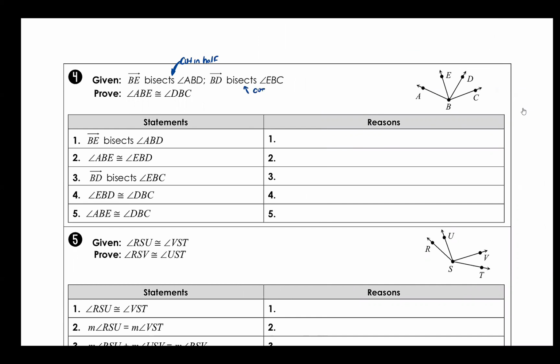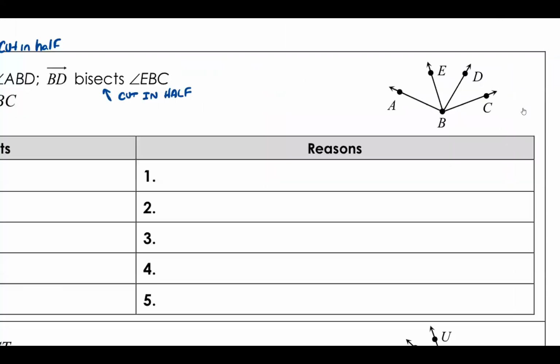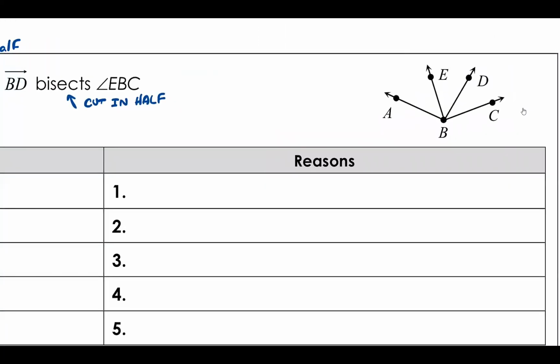So it forms what? If it cuts something perfectly in half, the two angles are going to be congruent. Good word. The measures are equal. The angles are congruent.